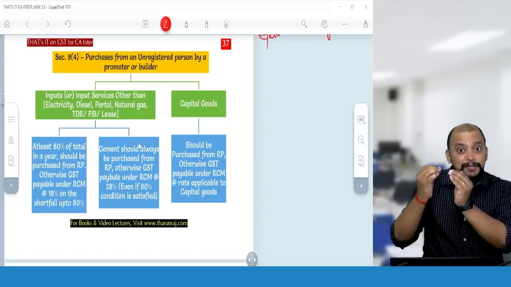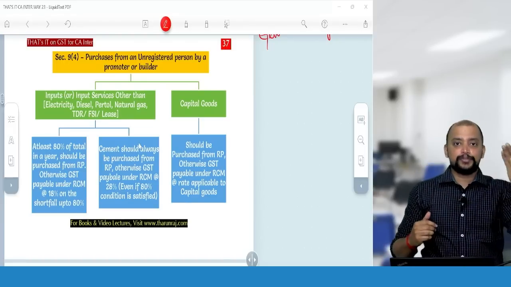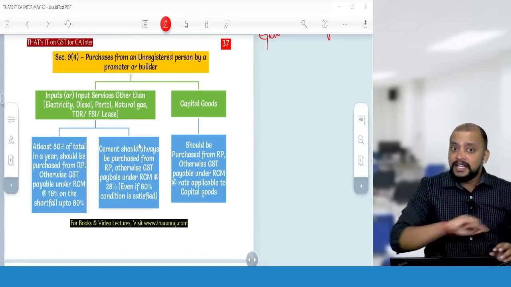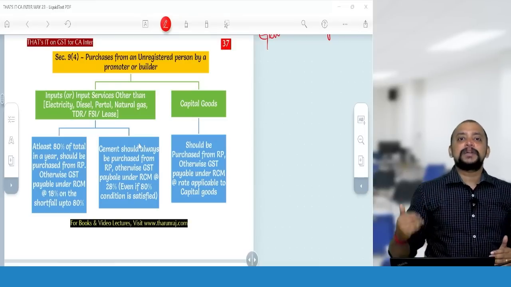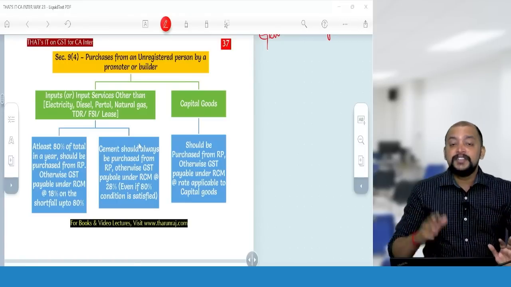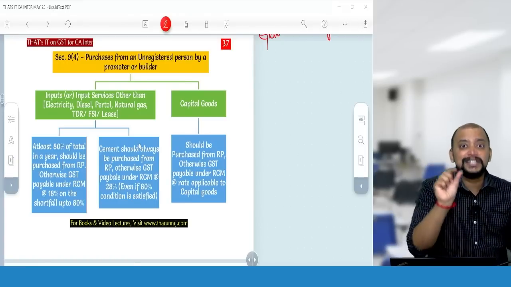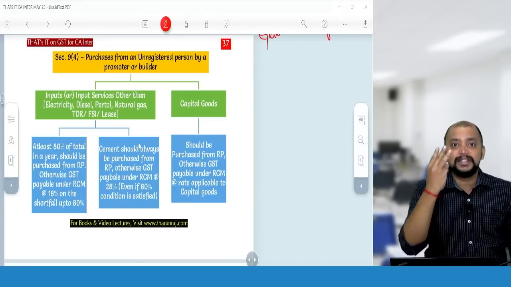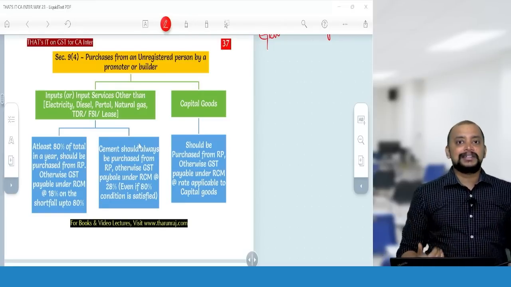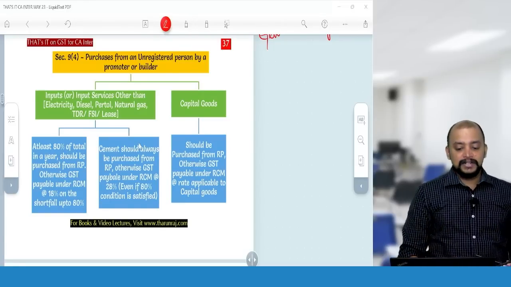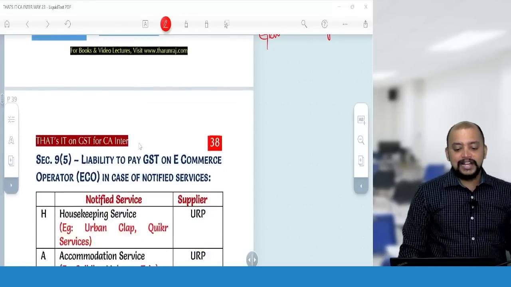If it is less than or equal to 20%, leave it. If it is greater than 20%, see how much it is greater. Suppose it is 23%, 3% excess. On the 3%, we need to pay GST under RCM at the rate of 18%. So that is with respect to this 9 subsection 4.